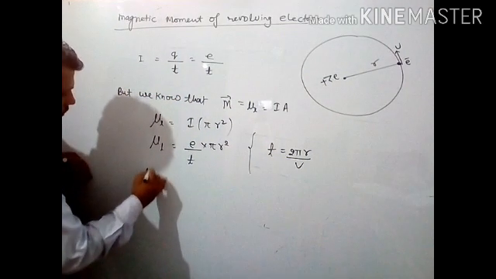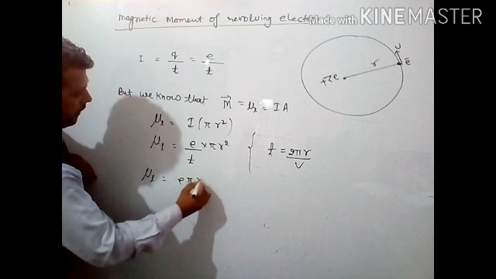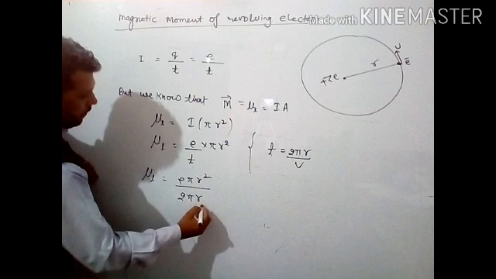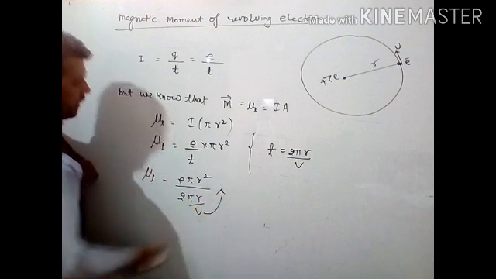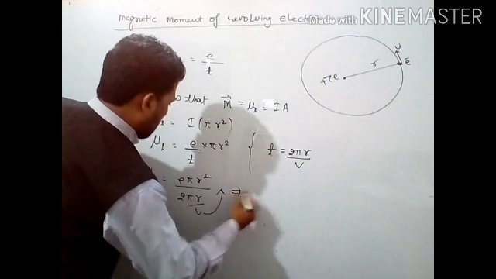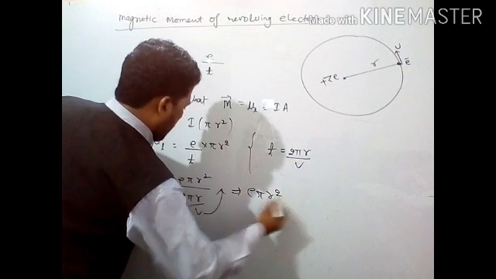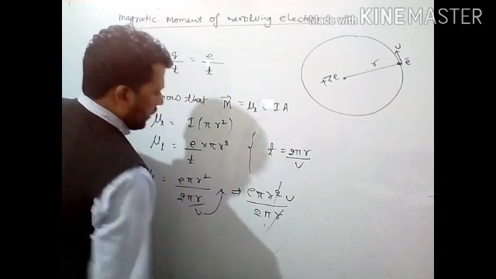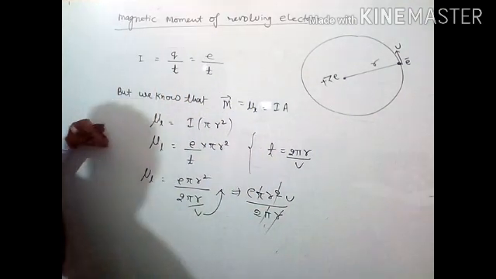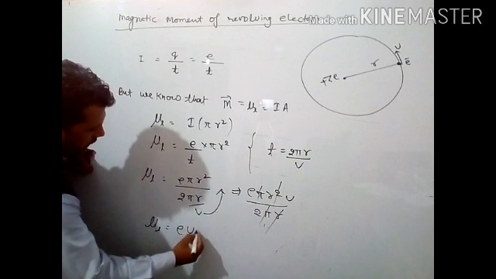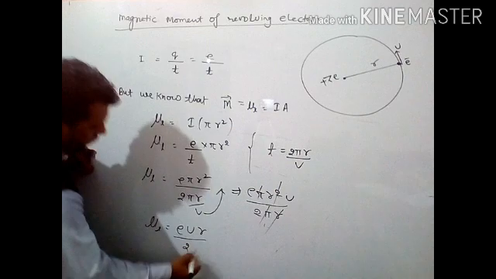So mu L is equal to e pi r square upon 2 pi r upon v, which is e pi r square v upon 2 pi r. Pi cancels with pi, so mu L is equal to e v r upon 2.